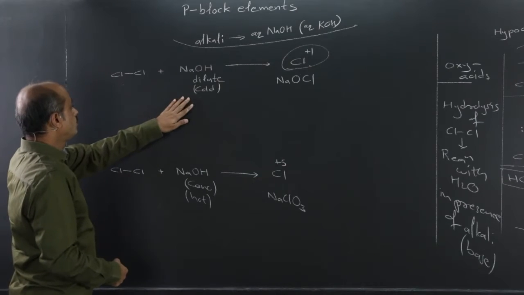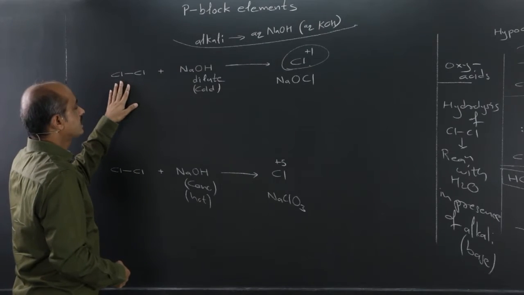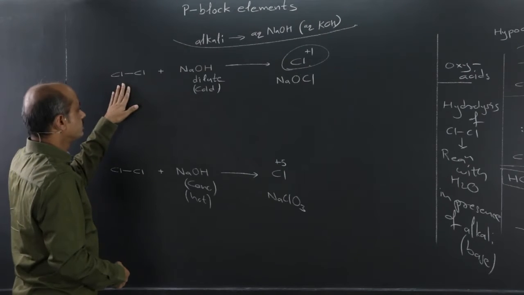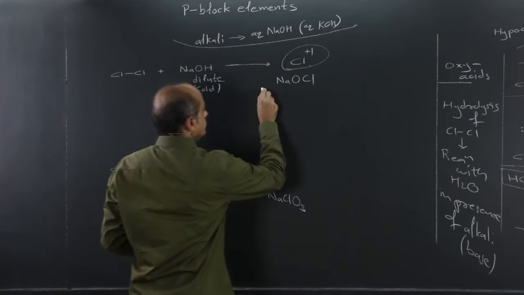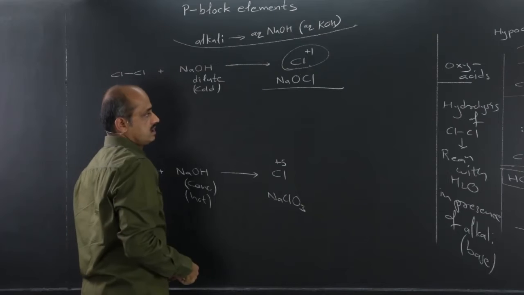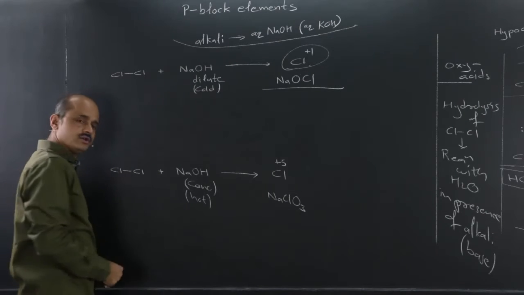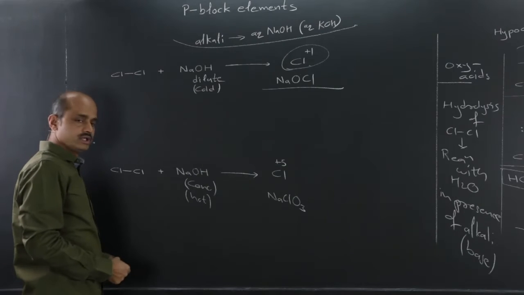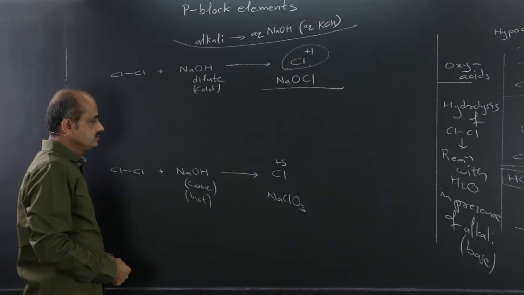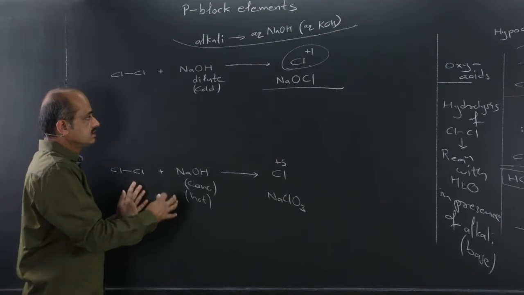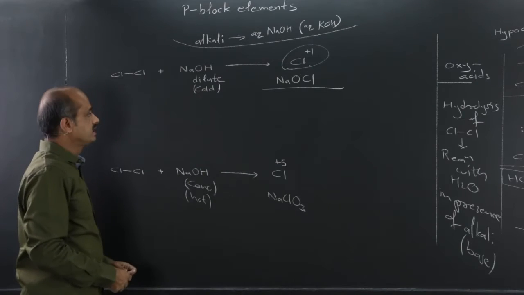So the action of cold dilute NaOH and chlorine gives sodium hypochlorite, and in presence of hot concentrated NaOH we get sodium chlorate. If this much is known, then the further balancing automatically becomes easy.